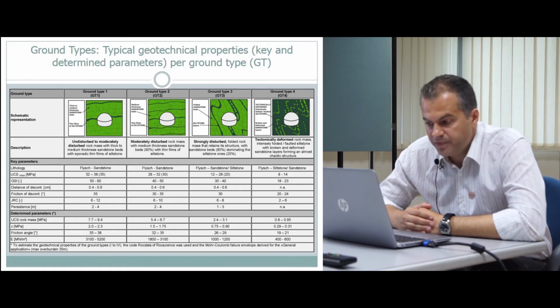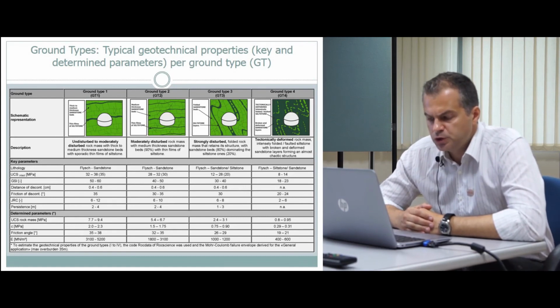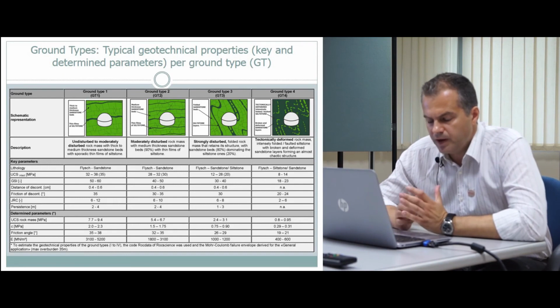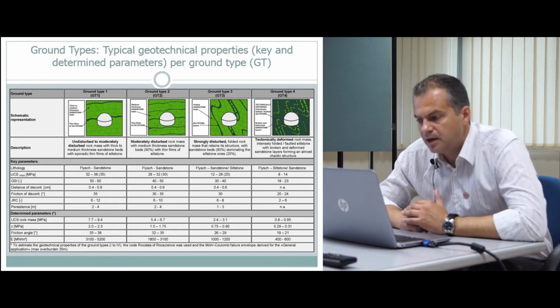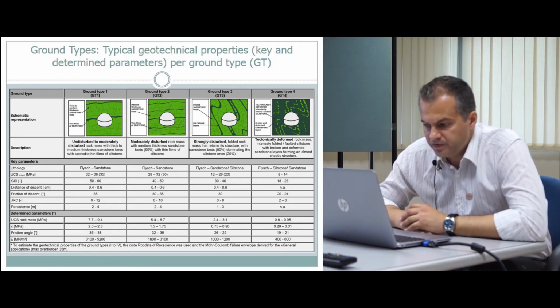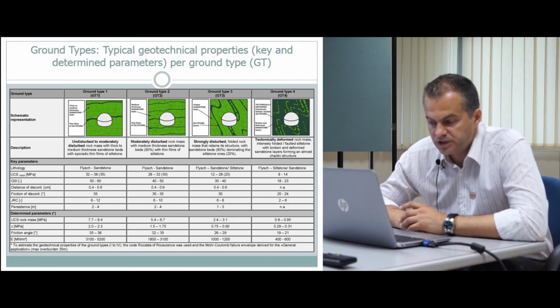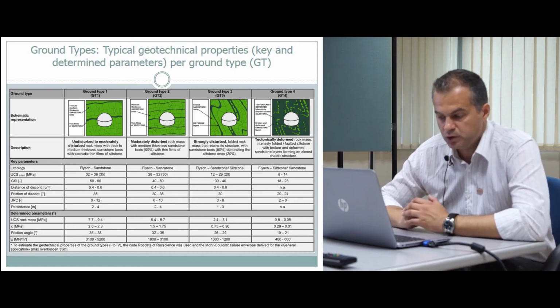In the ground type 3, due to a wide range of the UCS, we may lie in the case of 13 or 14, which is a chimney type with wedge failures.